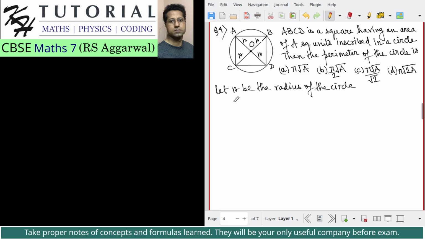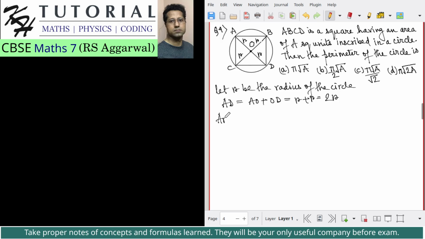Then we will have AD equal to AO plus OD, which is equal to R plus R, which is twice R, or AD will be the diameter of the circle. Okay, and AD is also the diagonal of the square ABCD.